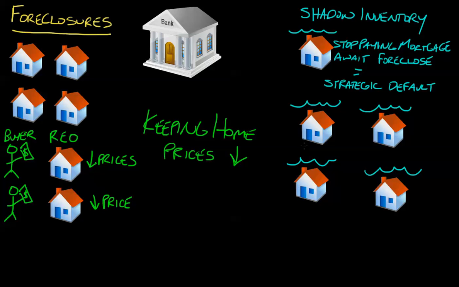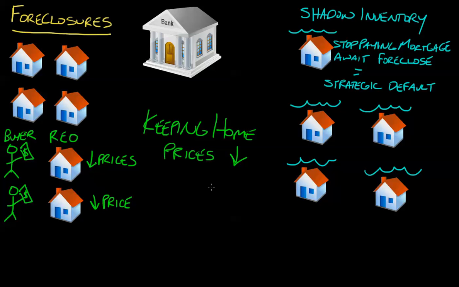So, one way to fix this problem is what we're seeing now. Certain banks are offering programs where they're not only reducing the interest for certain homeowners who are underwater, but also reducing the principal, allowing them to owe less on the entire amount of their mortgage, principal and interest. This may prevent this shadow inventory from ever becoming foreclosure or bank-owned inventory.